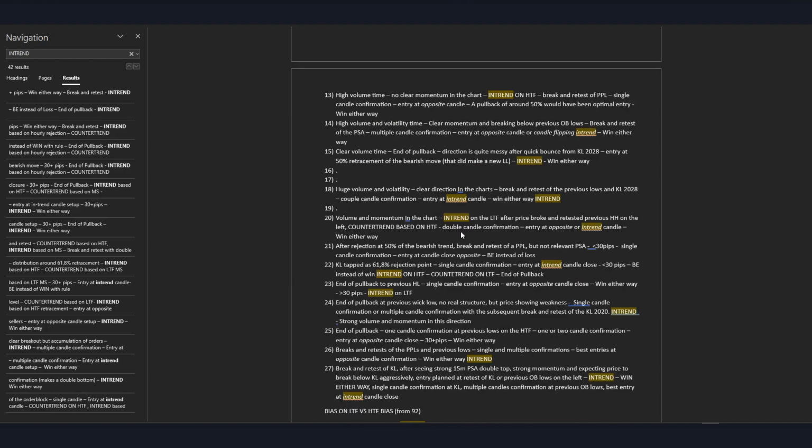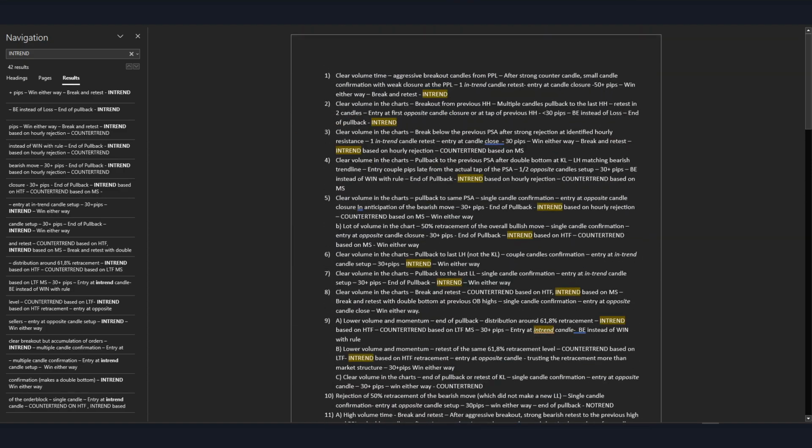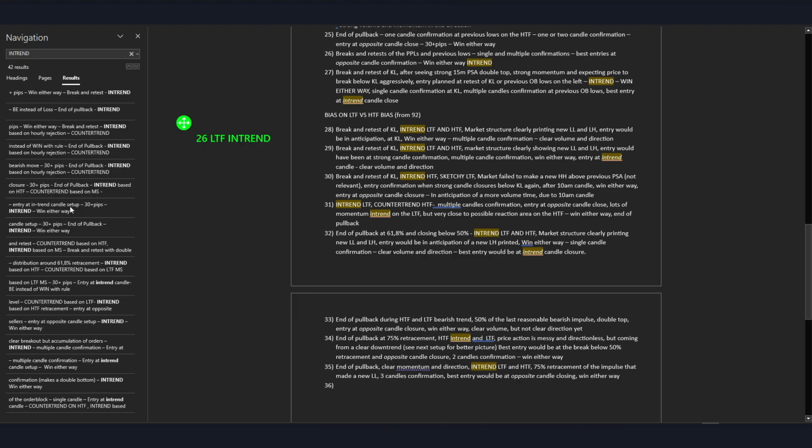So overall we had around 26 lower time frame in trend, and the remainder, which is like 10, were lower time frame counter and high time frame in trend. That was mainly when there was a high time frame pullback and end of pullback.